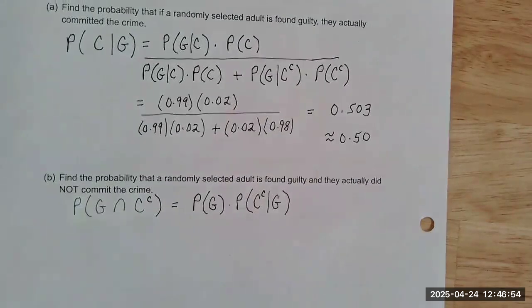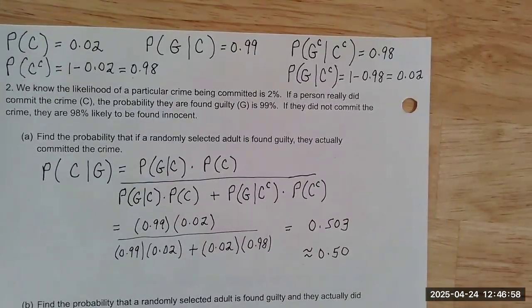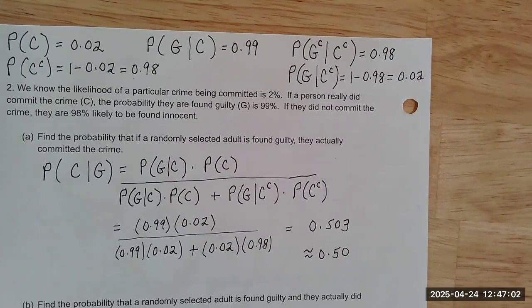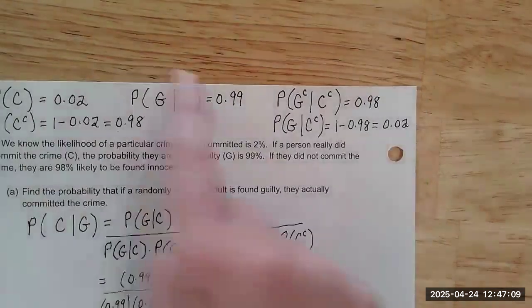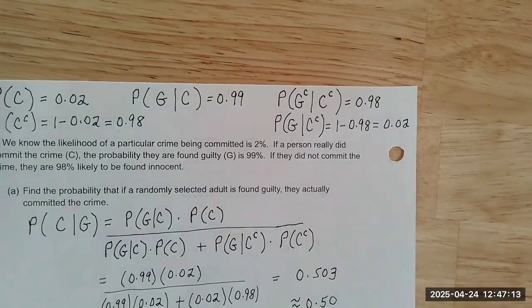And we go, awesome. So then we look up here at what we have and we go, do we have the probability of G anywhere? Nope. And do I have the probability of C complement given G? No. I actually have neither of the things that the formula says I need.